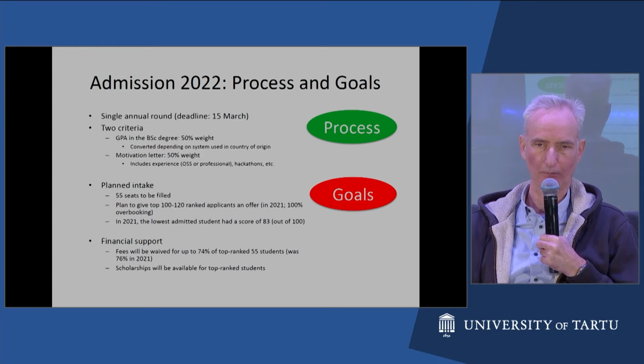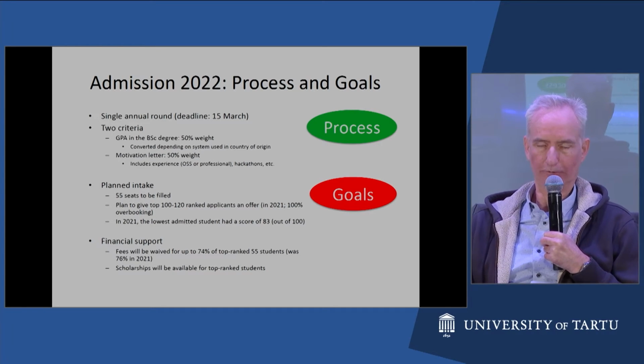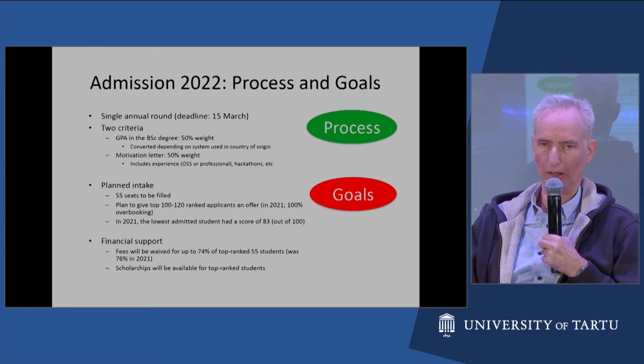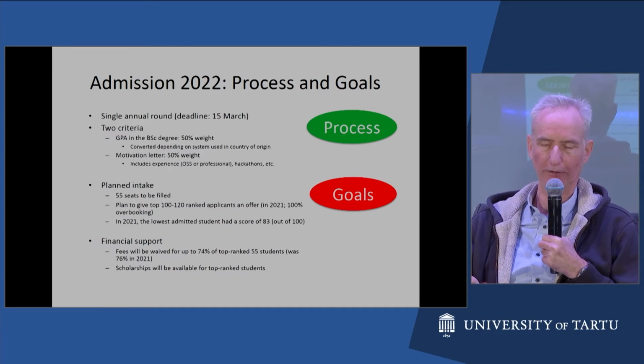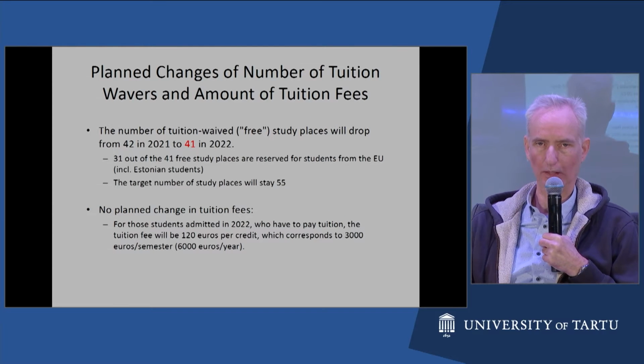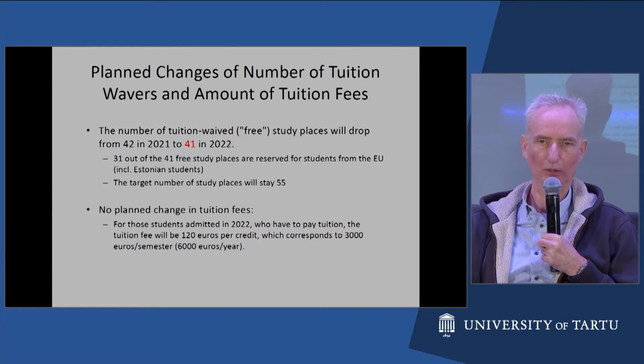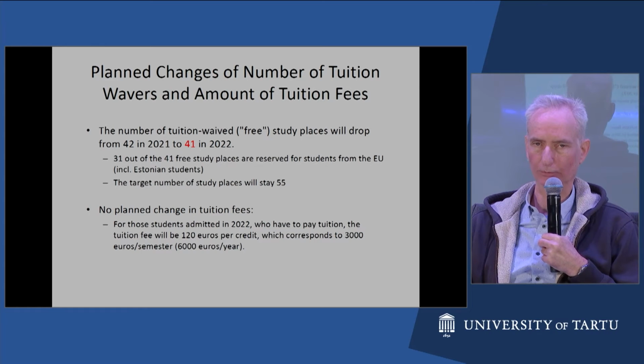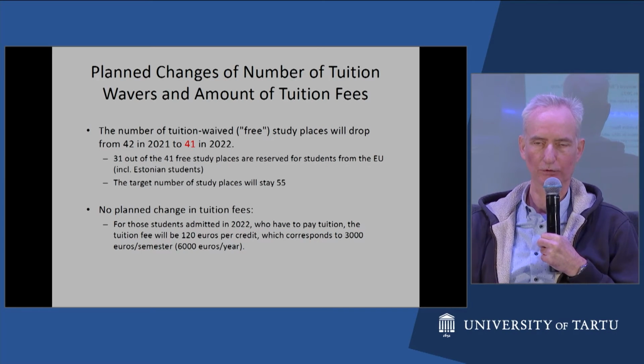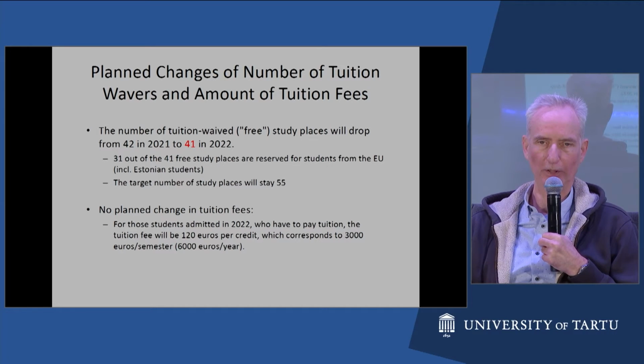As Eero said for computer science, we also have tuition waivers, because in principle you have to pay for the program, but there will be 31, I think that's on the next slide, 31 top-ranked students from European Union countries who will get a tuition waiver, and then an additional 10 of the non-EU students who get an invitation will get a tuition waiver.